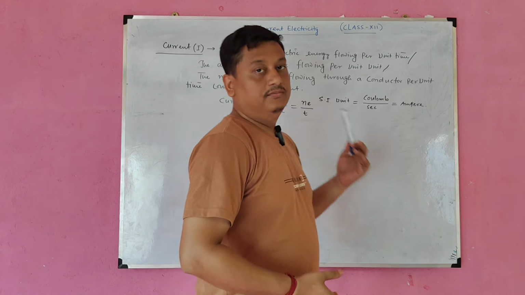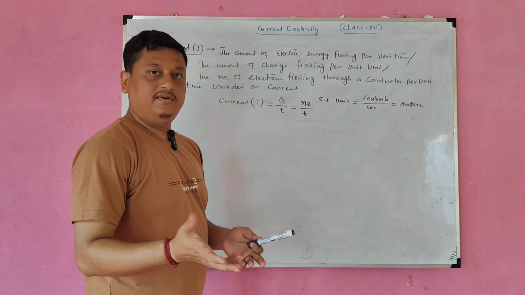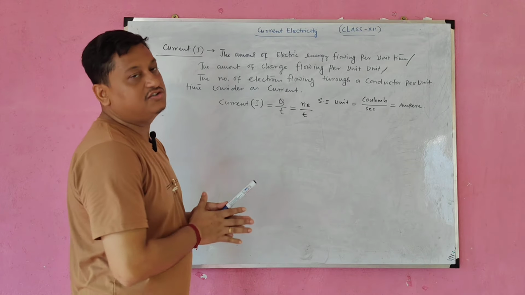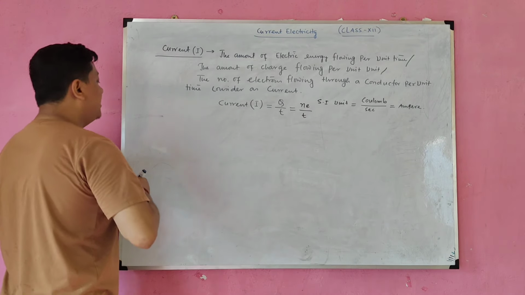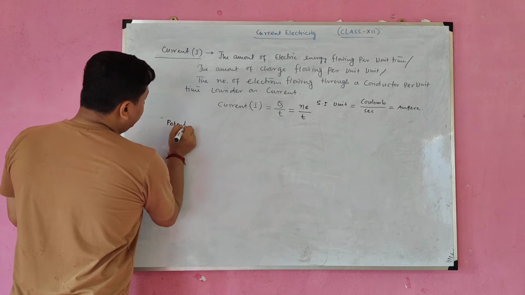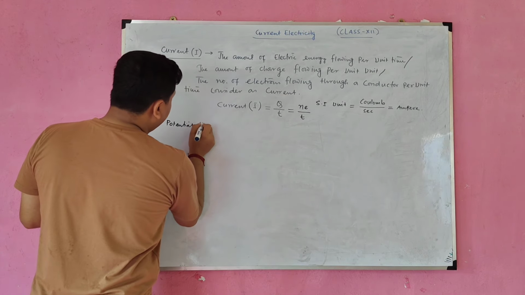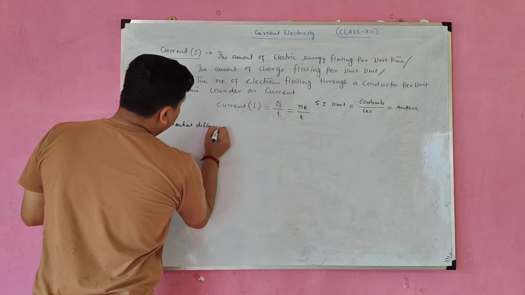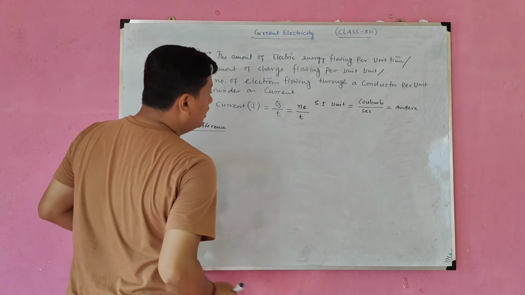Now, why is this current flowing? Everybody knows there should be a difference of energy, and this difference of energy is considered a potential difference. How is potential difference produced?